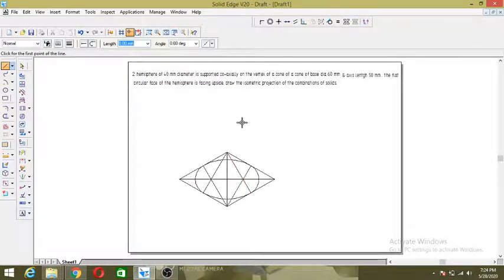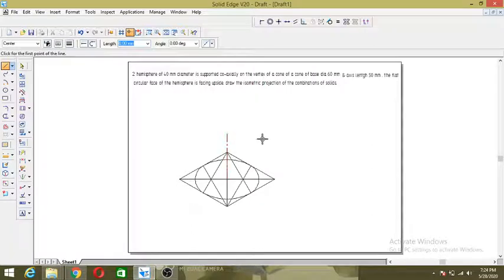What is the height of the cone? The axis length is 50 mm. So from here I'm going to select the center line. See here, center. From this point, height is 50 at an angle 90. Say enter.